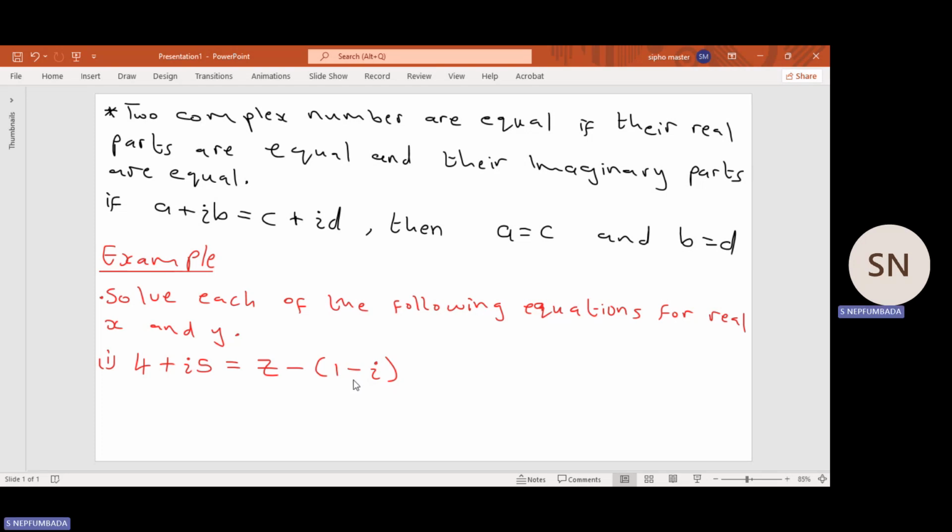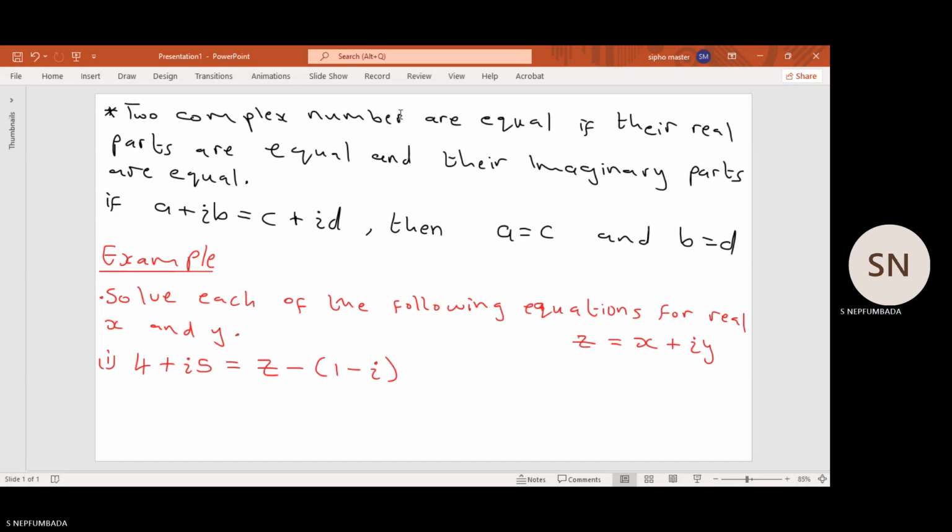Let's solve this together. We know that our z is nothing but given by x plus iy.